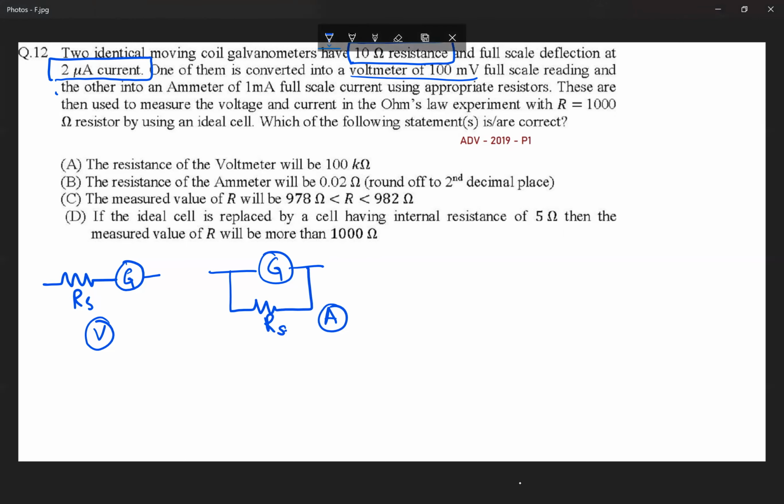So we want the voltmeter to have a reading of 100 millivolts. That means that providing 100 millivolts will make a current of 2 microamperes flow.